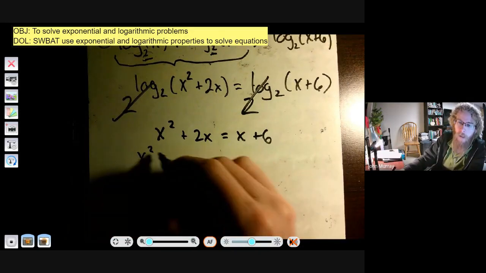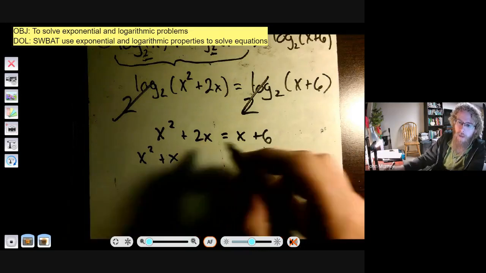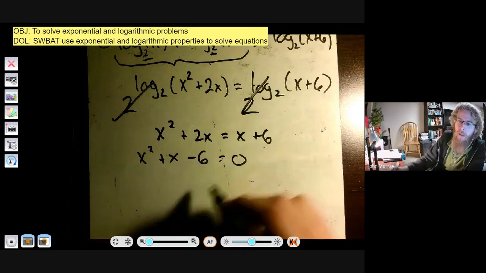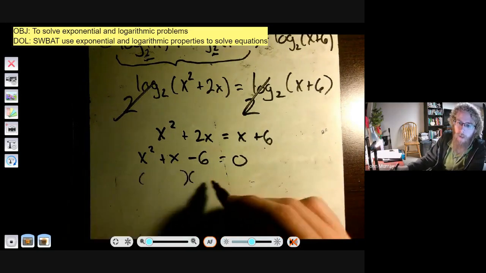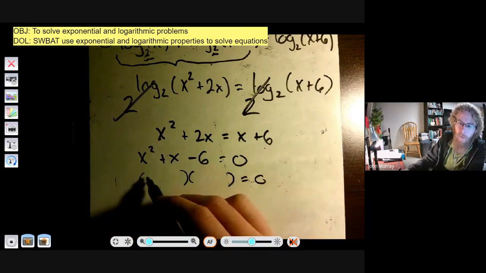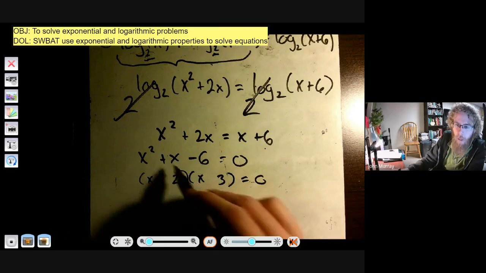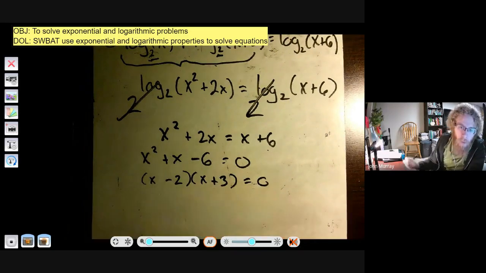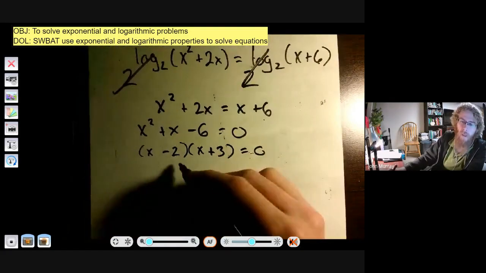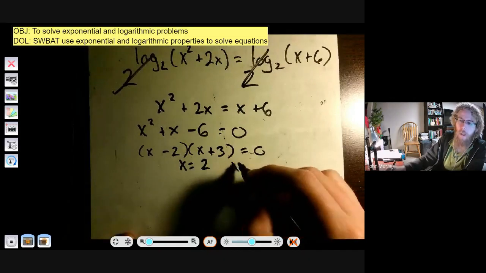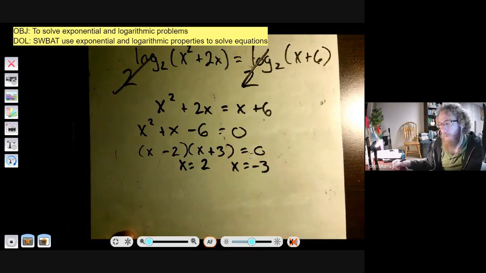So I subtract x. That gives me plus x. I subtract 6. And now we're going to factor. So multiples of 6 are 2 and 3. That's positive, so that's going to be positive there. So I get x equals 2 and x equals -3.